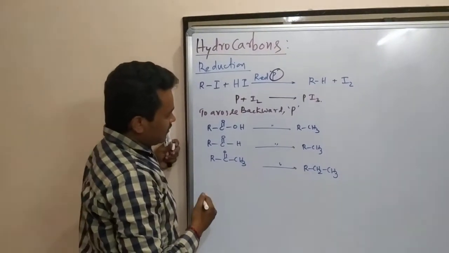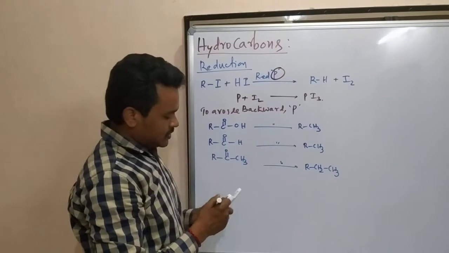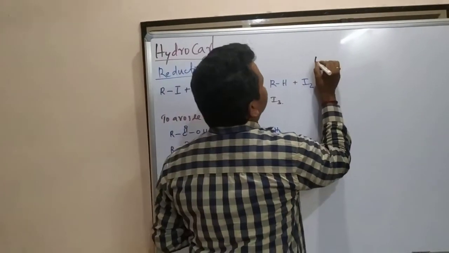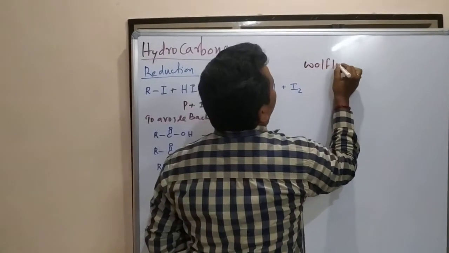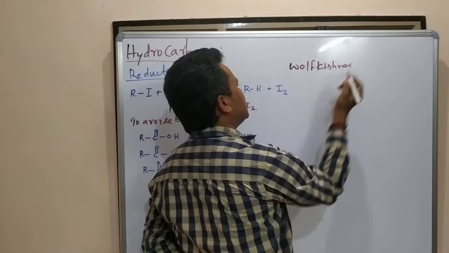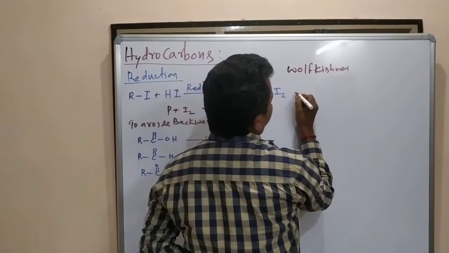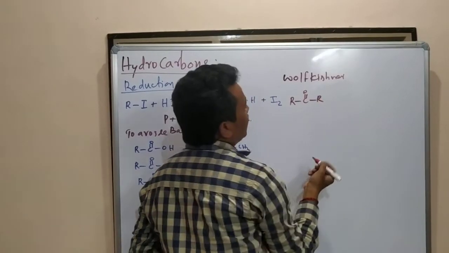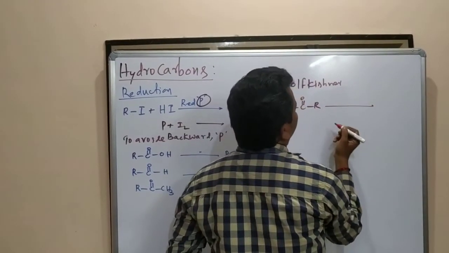In a similar way, we can also go with some important reactions like the Wolff-Kishner reaction. In this one, the reagent is going to vary. Any carbonyl group, RC double bond O R, in the presence of what?